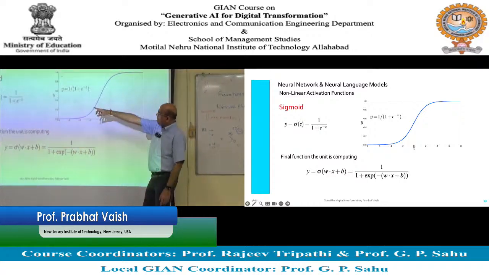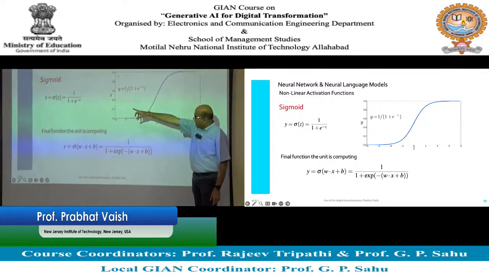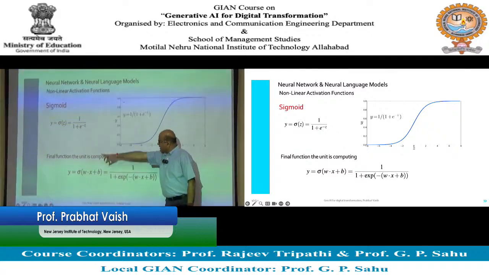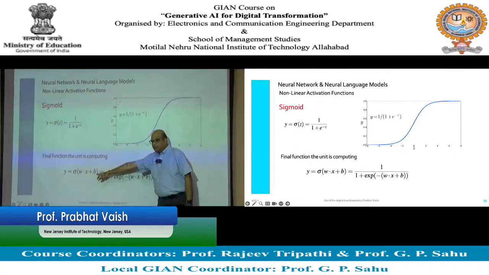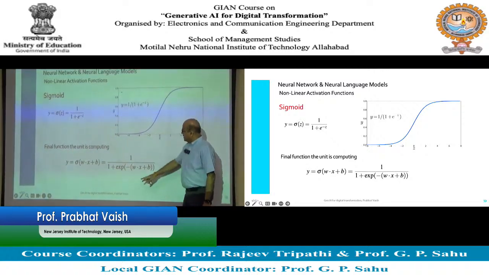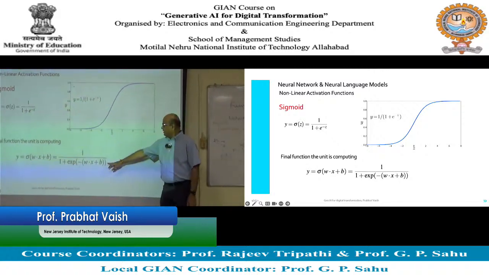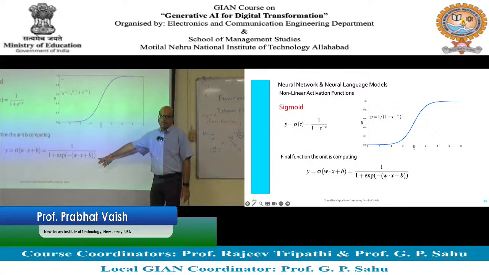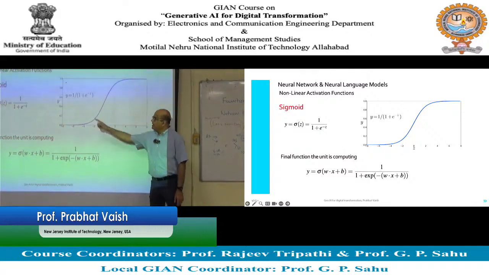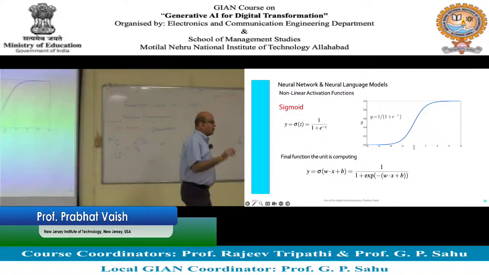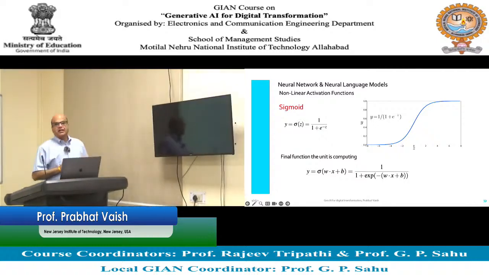So if this is the function, and what z really stands for is w multiplied by x plus b, which is the bias, this is the actual calculation if we are using the sigmoid as an activation function. Now, what is sigmoid doing, if you think about it?